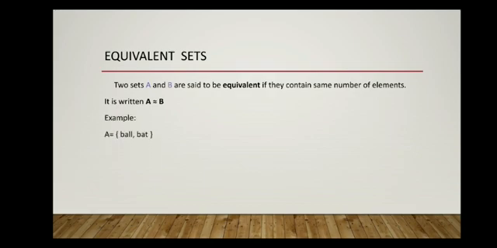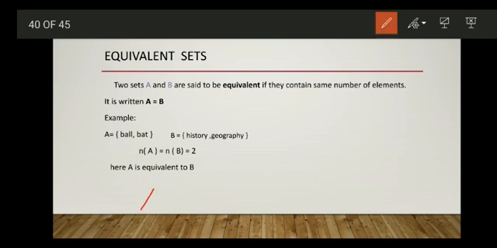Example: we are considering two sets like this. To check whether these two sets are equivalent, we only have to see the number of elements. n(A) is equal to 2 and n(B) is equal to 2. Since the number of elements in these two sets is equal, set A is equivalent to B.